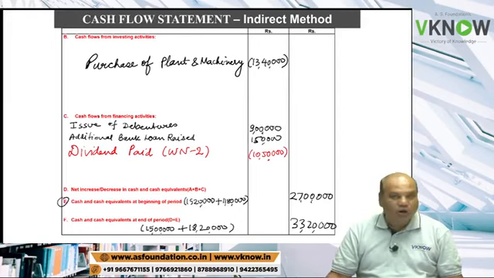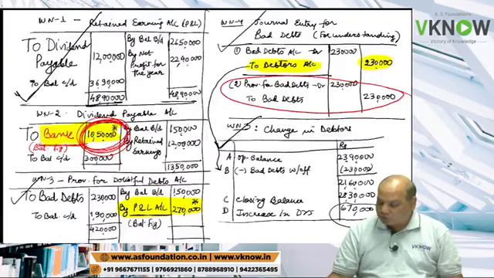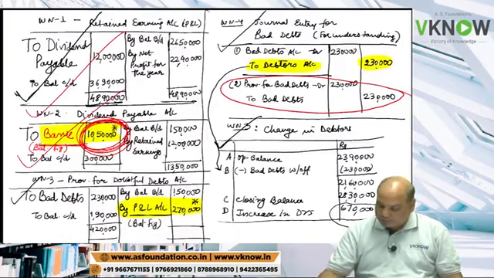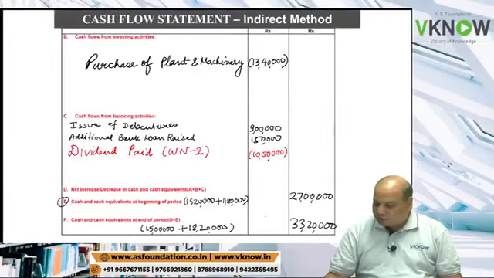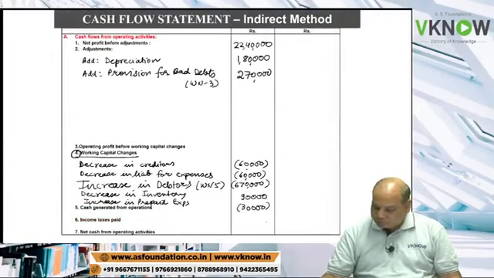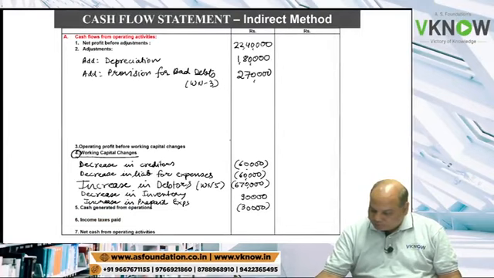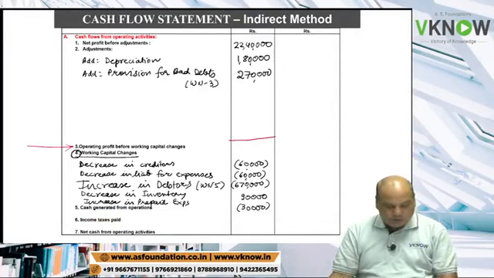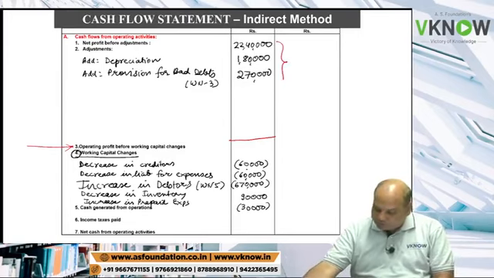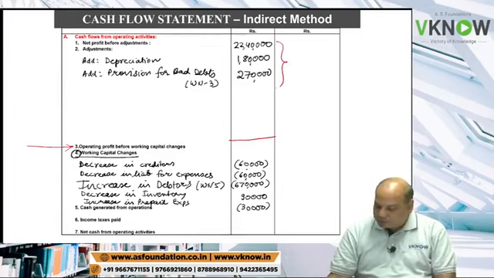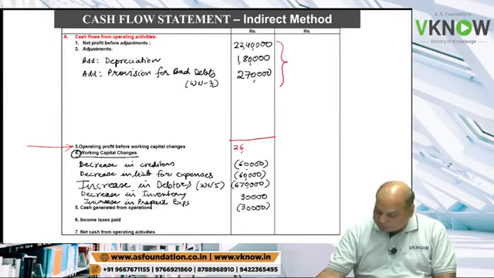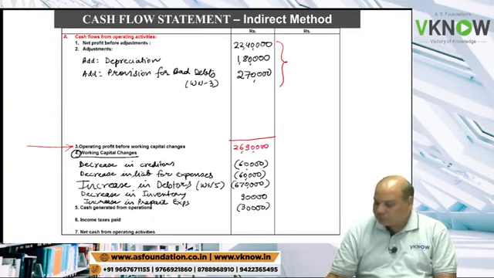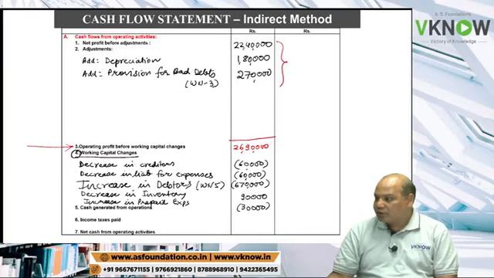Now we have done all adjustments and all our working notes are also tallying, so we can close our answer now. Dear student, first write point number 3, operating profit before working capital changes. Add these 3 items. That is 26 lakh 90,000. Chetan is right.